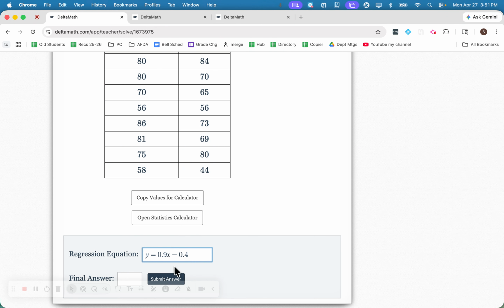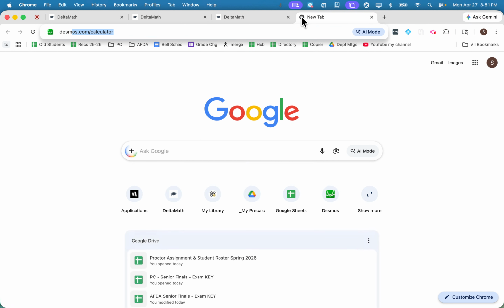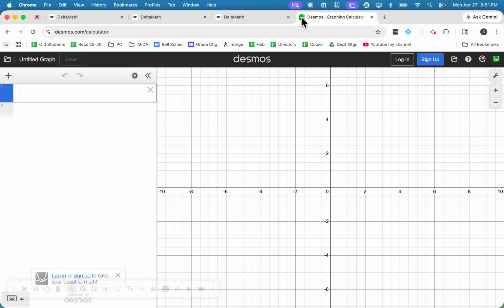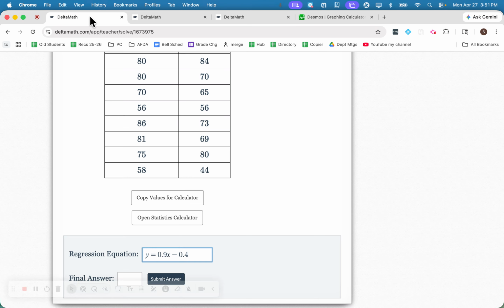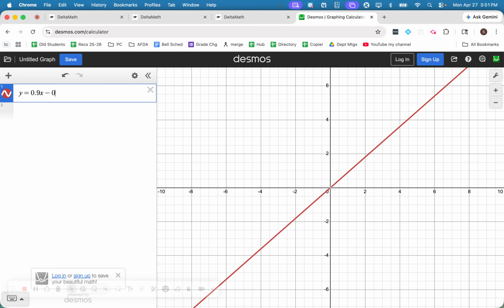Okay. So now we've got to answer the question. This is truly our line. Actually, let me just show you real quick what the whole line would look like. Y equals 0.9x minus, what was it? 0.4. Okay.